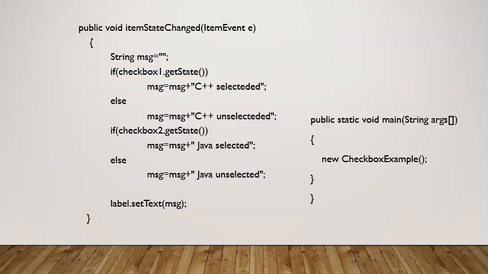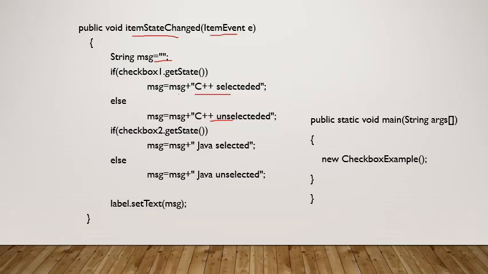As usual, now we'll write the method: public void itemStateChanged for the item listener. The event is ItemEvent. In the beginning the message is empty, and then if checkbox1.getState is true, then message equals message plus "C++ selected", else message equals message plus "C++ deselected". If checkbox2.getState, we repeat the same way.